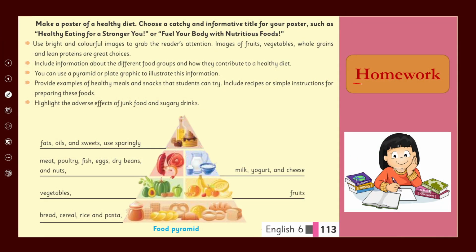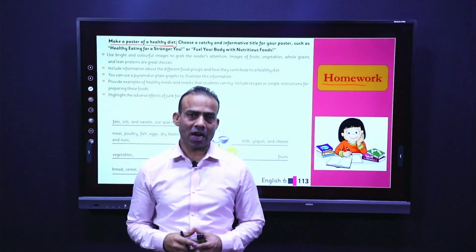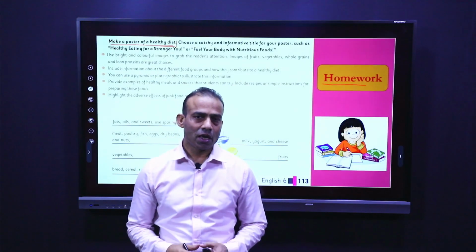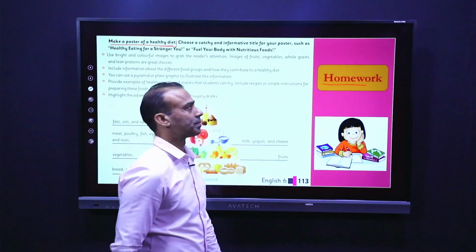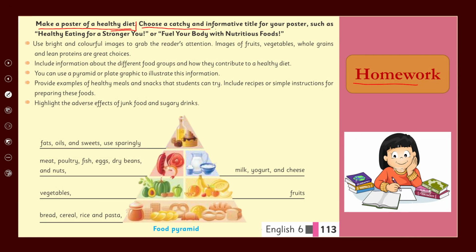This is your homework. Make a poster of healthy diet. Right now, you are given the task to draw a poster about healthy diet. Choose a catchy and informative title for your poster, such as Healthy Eating for a Stronger You or Fuel Your Body with Nutritious Foods. Use bright and colorful images to grab the reader's attention.